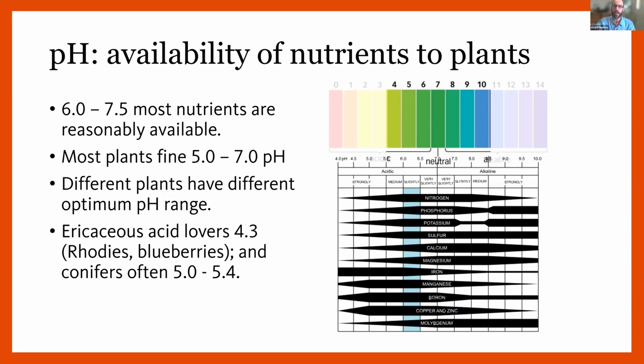And if you look up vertically, you should be able to see that range for most of the elements is in this 5 to 8.5 range, or right at 7.0 at neutral. So you're getting most availability at that range. And then when you see the tapering of the shapes, that would suggest that the element is less available at that pH. So pH is going to be strongly dictating what elements the plant can take up.